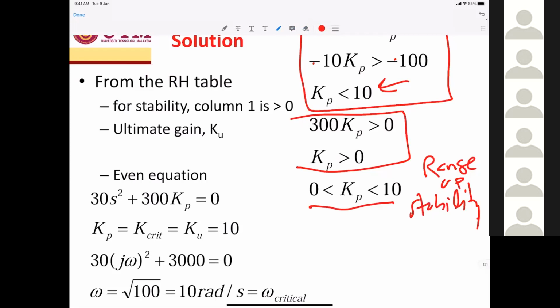Okay, so I want to ask the Arab brothers. Yosef: Yes, doctor. If Kp is equal to 5, is the system stable or not?